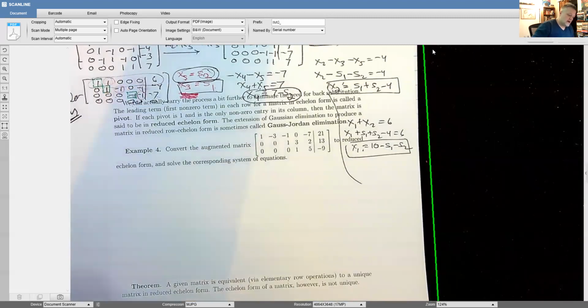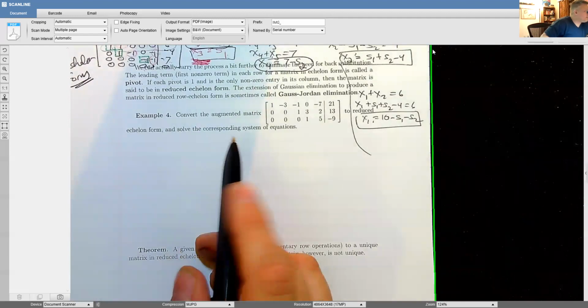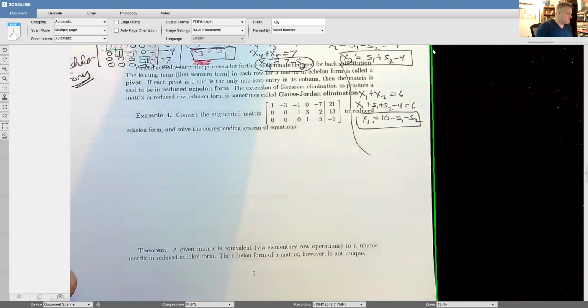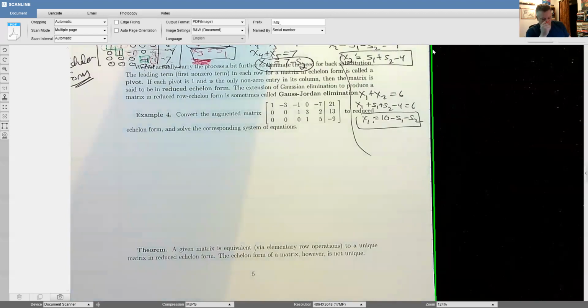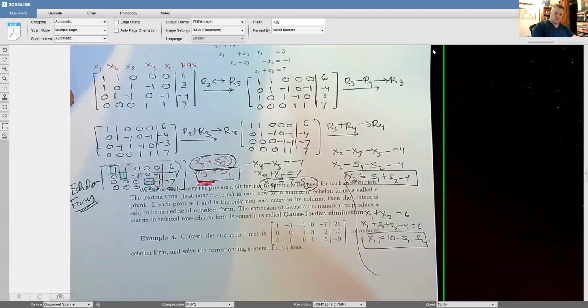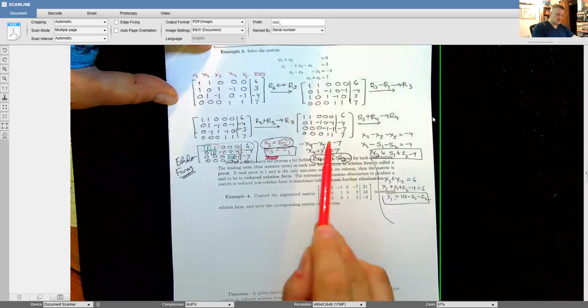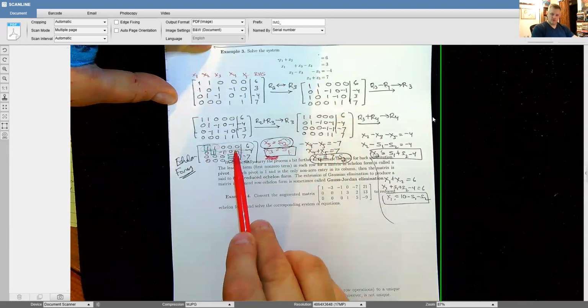All right, so what I want to do is just go through an example of putting a matrix in reduced row echelon form. Here, we used Gaussian elimination to talk about the process that leads us from a system to this matrix that allows us to use back substitution.